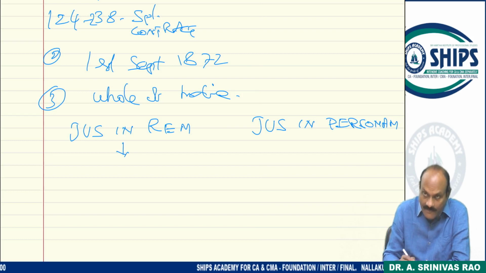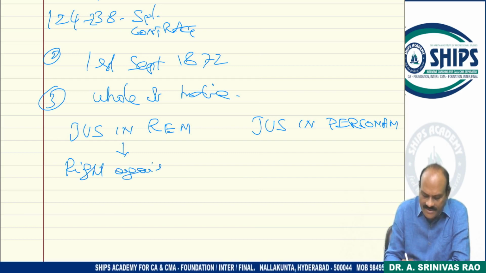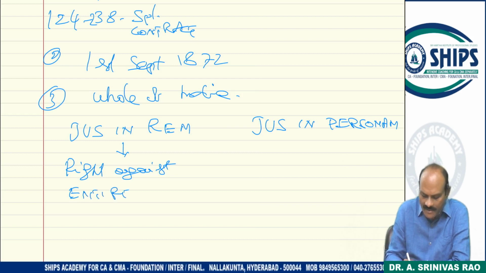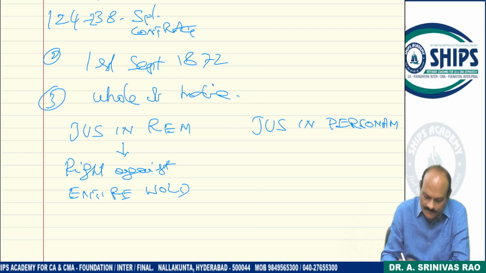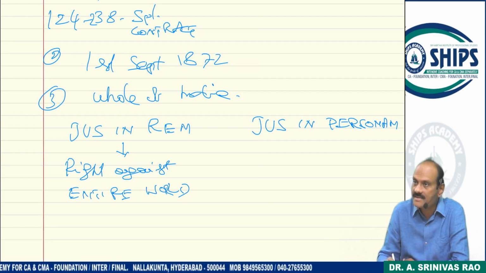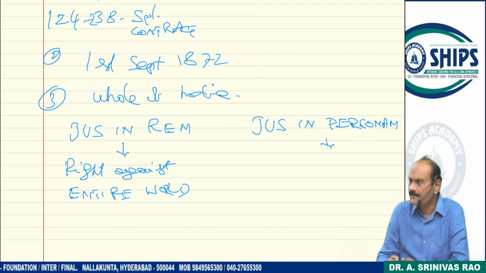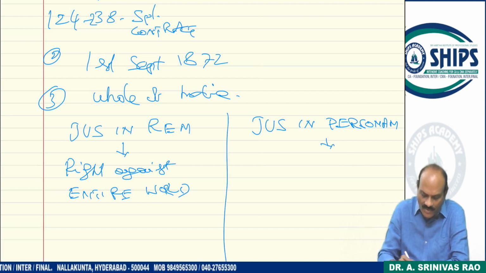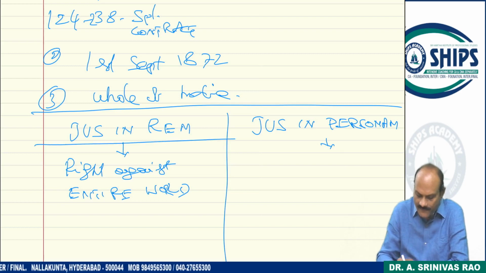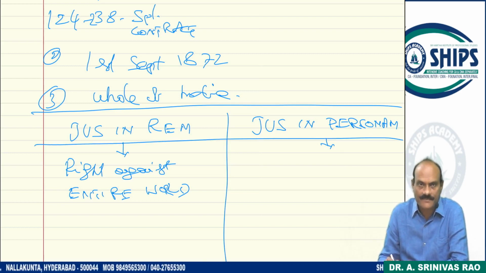Jus in rem means right against the entire world. Right against the whole world. This is right against a person. Why do we have to learn this meaning here itself? I will tell you the logic at the end.